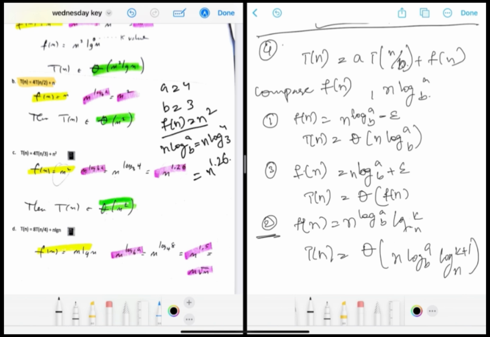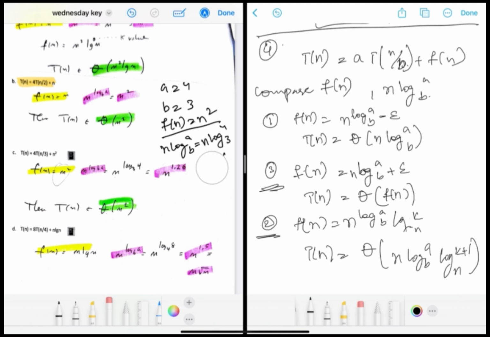So here f of n is n square, and n^(log a to the base b) is n^1.26. So that is going to be case 3. Case 3 says T of n is equal to theta of f of n. So the closed form is theta of n square for the C question.